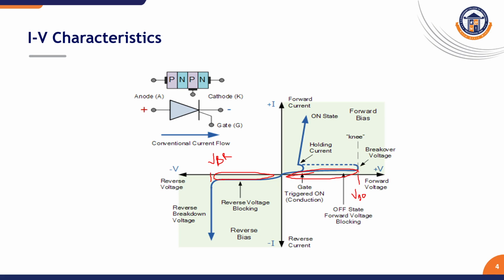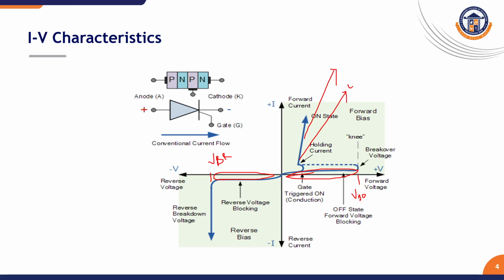In this mode, SCR is in on state and behaves like a closed switch. The voltage drop across SCR in the on state is of the order of 1 or 2 volts depending on the rating of SCR. This is called the forward conduction mode. This is the holding current, and this is the latching current.